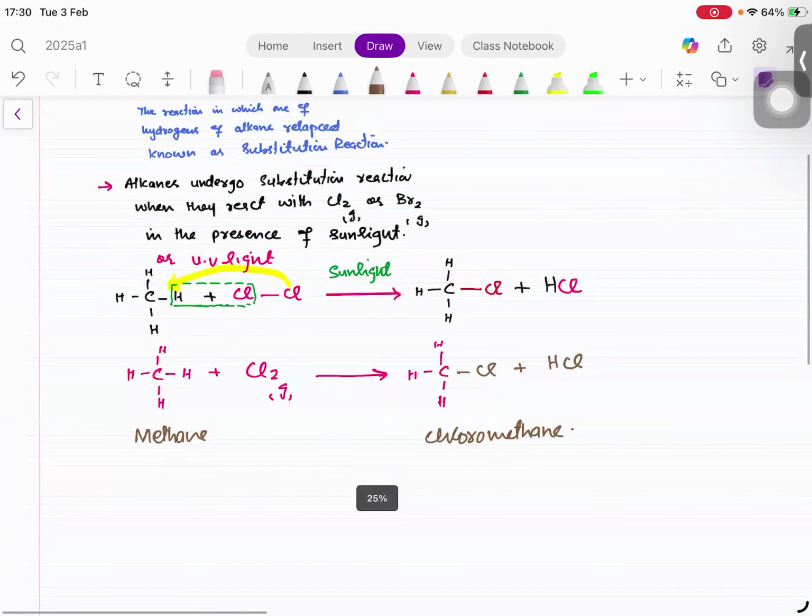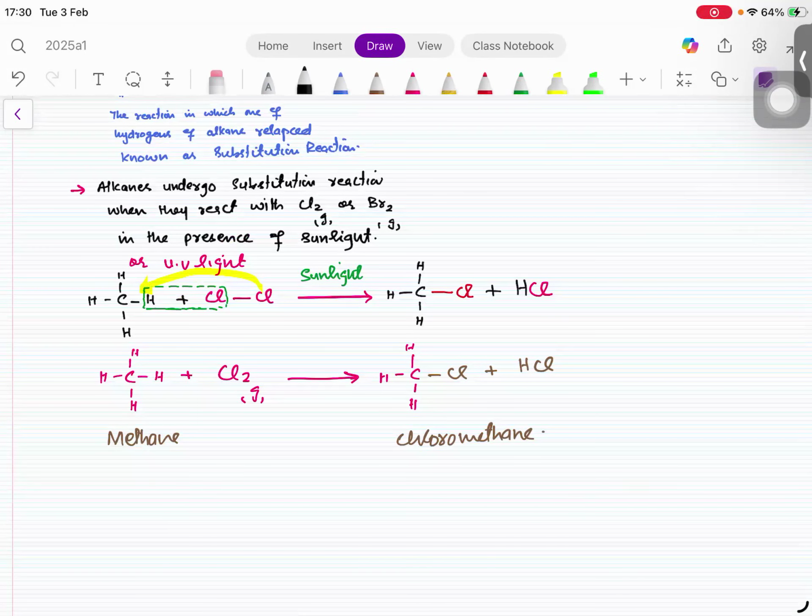Chloromethane. Okay? Either you can write like this: CH4 plus Cl2 gives us what? One hydrogen is less, so it becomes CH3Cl plus HCl. Okay?